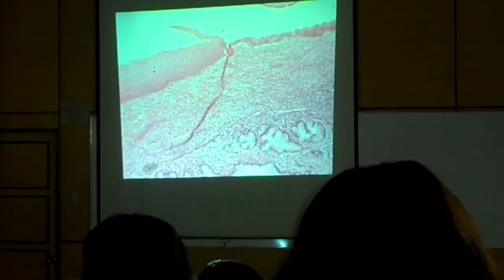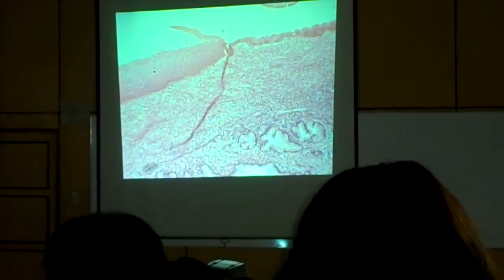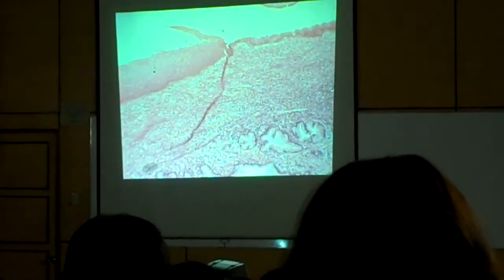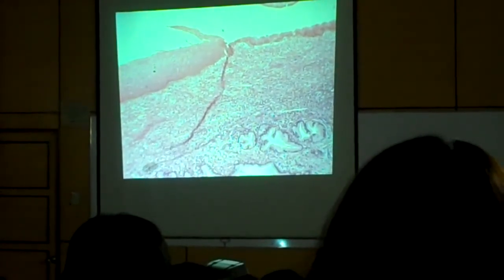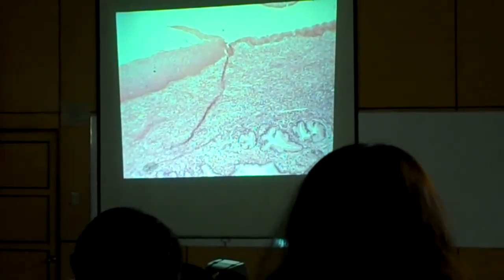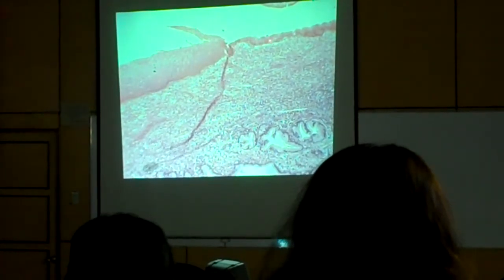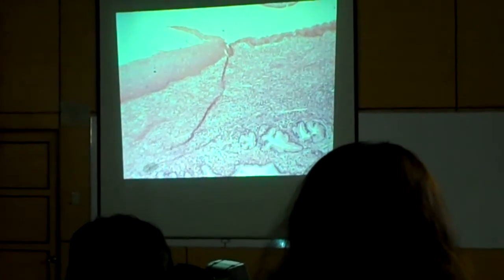So at this point, beyond this, if you go up, that's the endocervix. If you go down, that's the ectocervix. Okay, the ectocervix is lined by the squamous and the endocervix is lined by the simple columnar.